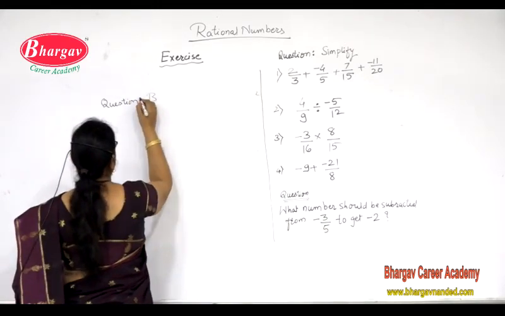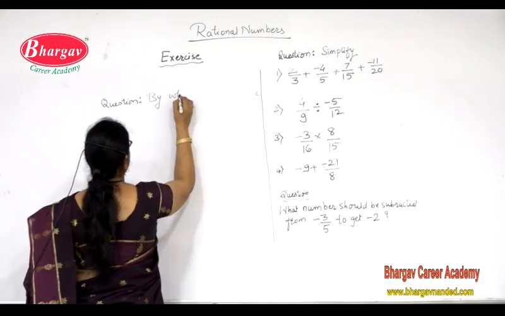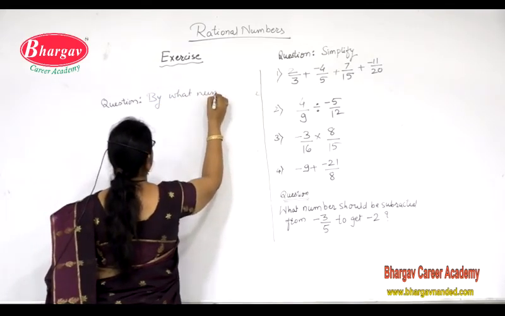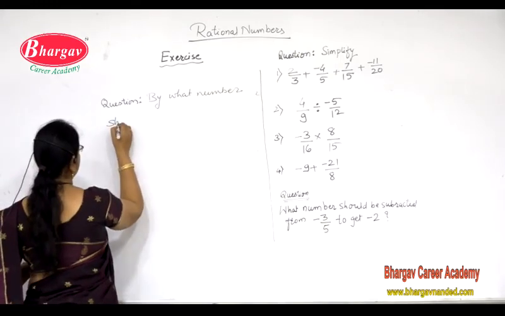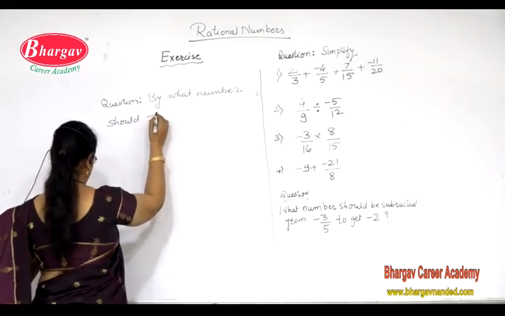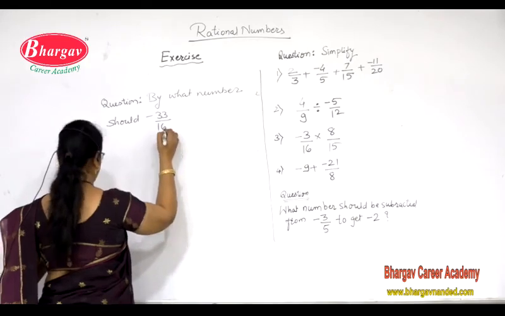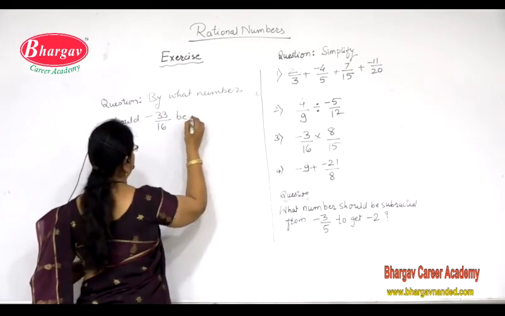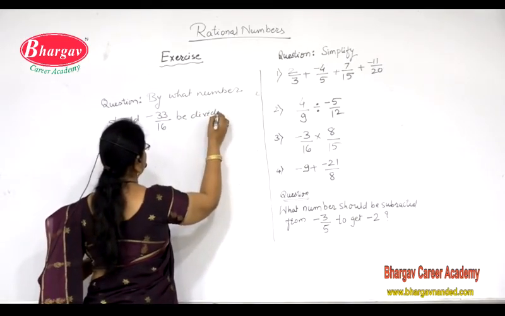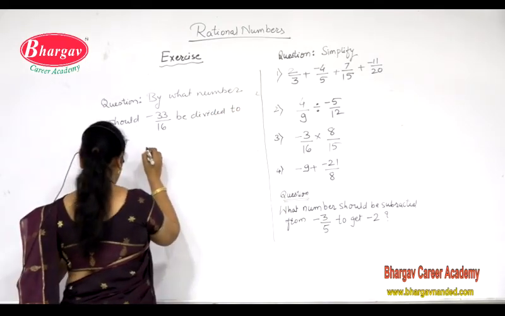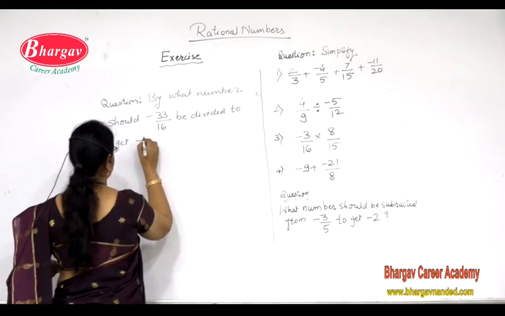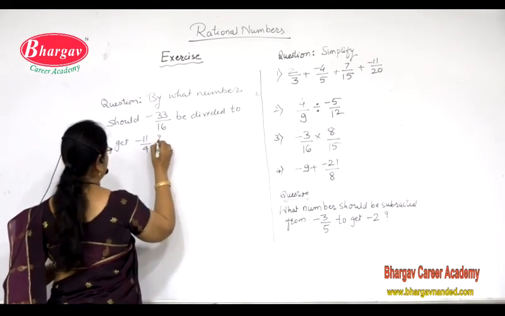By what number should minus 33 by 16 be divided to get minus 11 by 4?